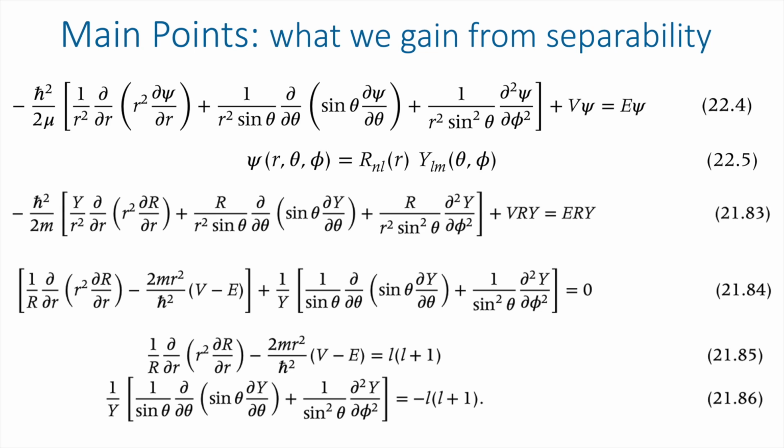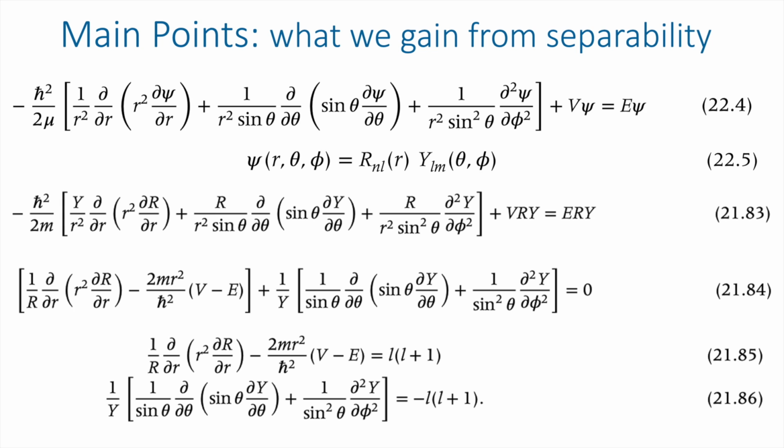And that's exactly what happened when we used separability to solve the time-dependent Schrödinger equation. So if you're a little fuzzy on this, maybe rewatch that video. So 2185 and 2186 is taking 2184 and breaking it up into two separate differential equations to solve. Notice that we set the constant as L times L plus 1.